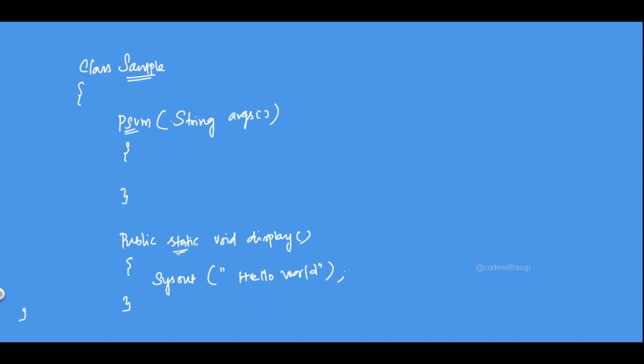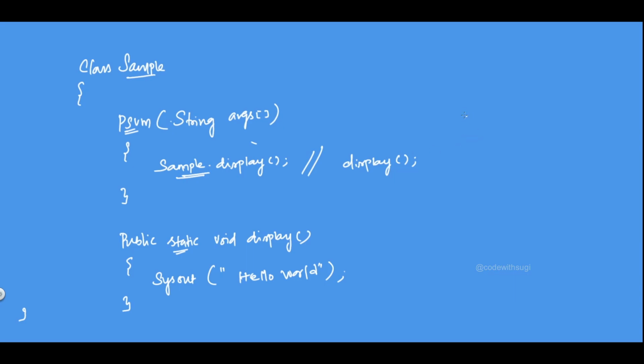But if it is the static method, then you can very well say sample dot display, or directly you can say display. So both will give you the same result. Technically we will call that method using the class name. So this is how we used to call the static method in class.